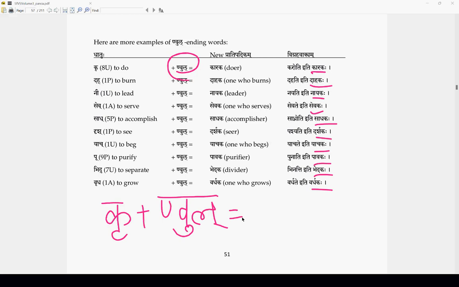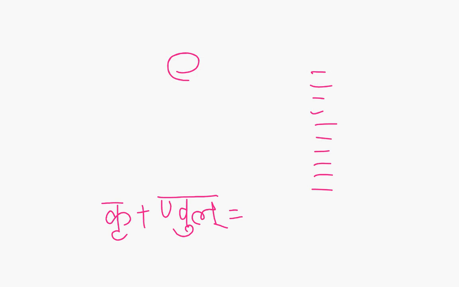In this nul, nul consists of which letters? Nul consists of na, va, u, and la. In this nakara and lakara, they are to be removed. Only u remains here.